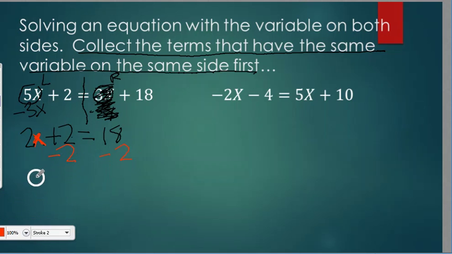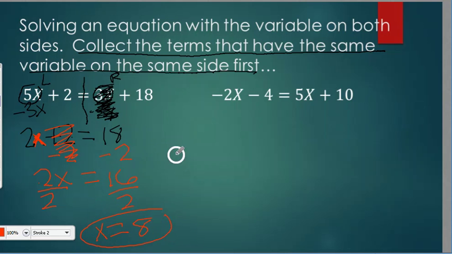And so now that leaves us with 2 times x, the plus 2 minus 2 totally canceled out, equal to 18 minus 2, which is 16. Now, from there, the way that we get rid of a multiplication of 2 is by using division. So we would divide by 2 on the left side, divide by 2 on the right side, and x equals 8. That is our solution.